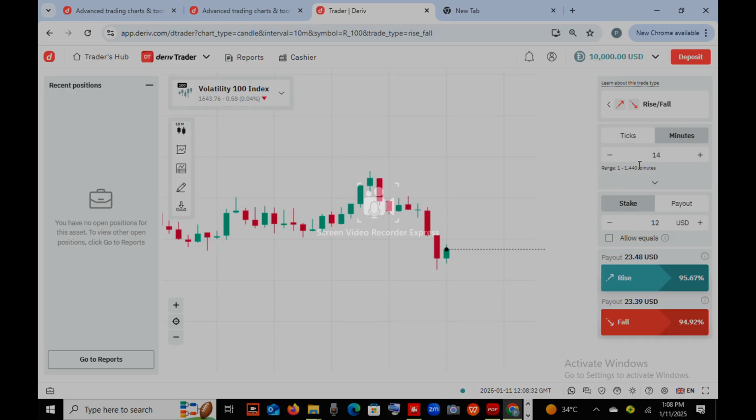You can choose between 1 to 1444 minutes, hours, as the case may be, and all of that. So the point I'm trying to make is, the first thing, once you log into your trading platform or your interface, you change your underlying assets.